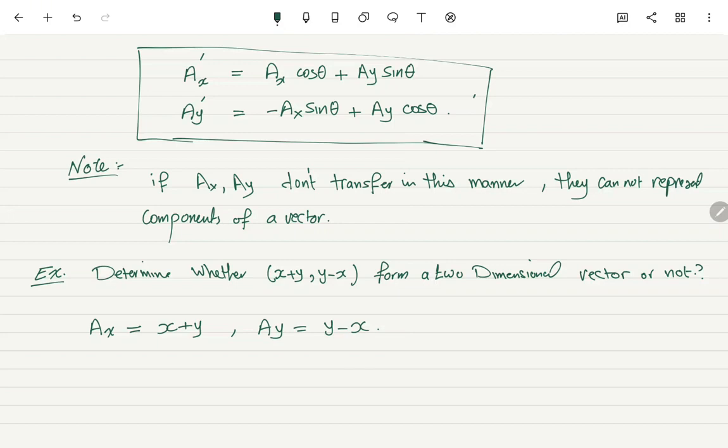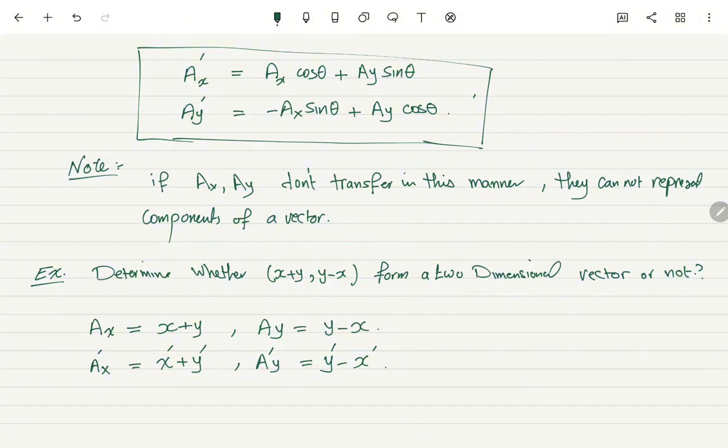Since ax prime and ay prime must have the same form of dependence on x prime and y prime, therefore ax prime has to be in the same manner as x prime, and ay prime equal to y prime minus x prime. And we just have the definition for x prime and y prime.